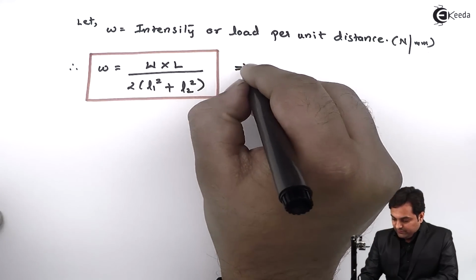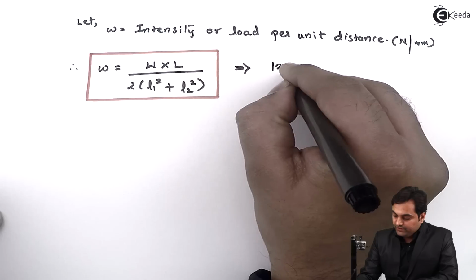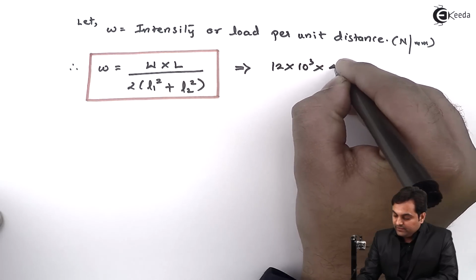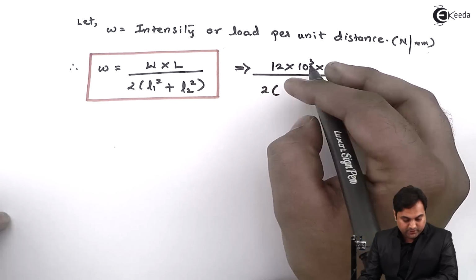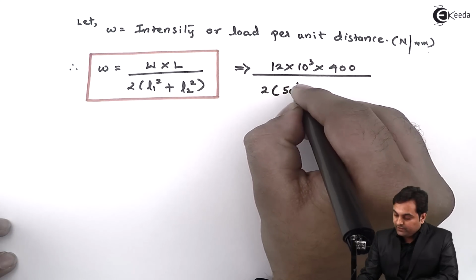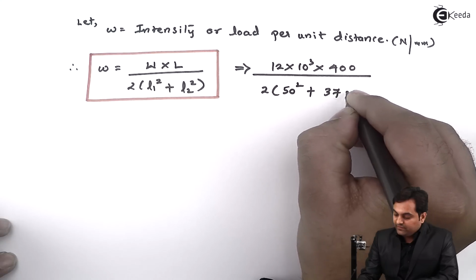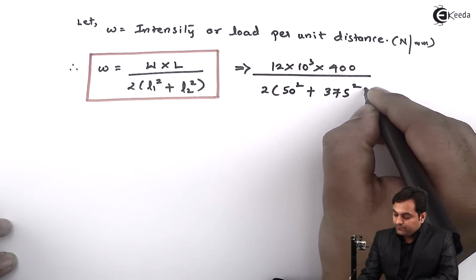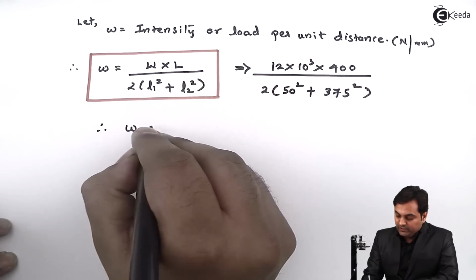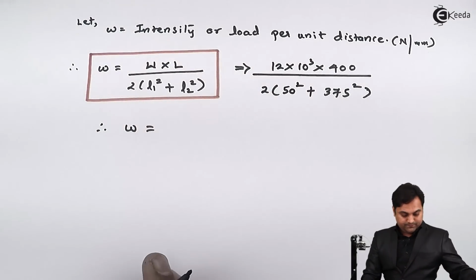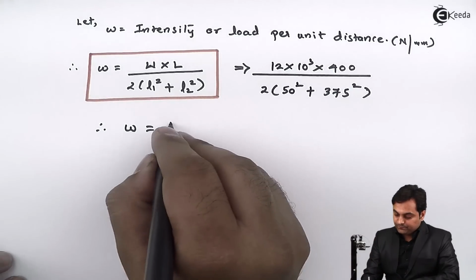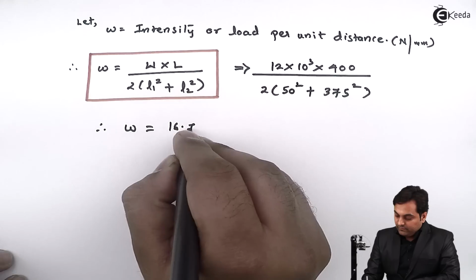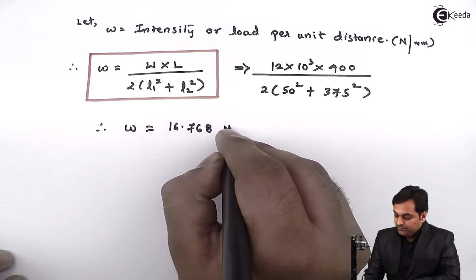So here if I put the values, capital W is 12 into 10 raised to 3, L is 400, 2 into L1, it was 50 square plus L2 375 square. So therefore small w value comes out to be 16.768 Newton per mm.